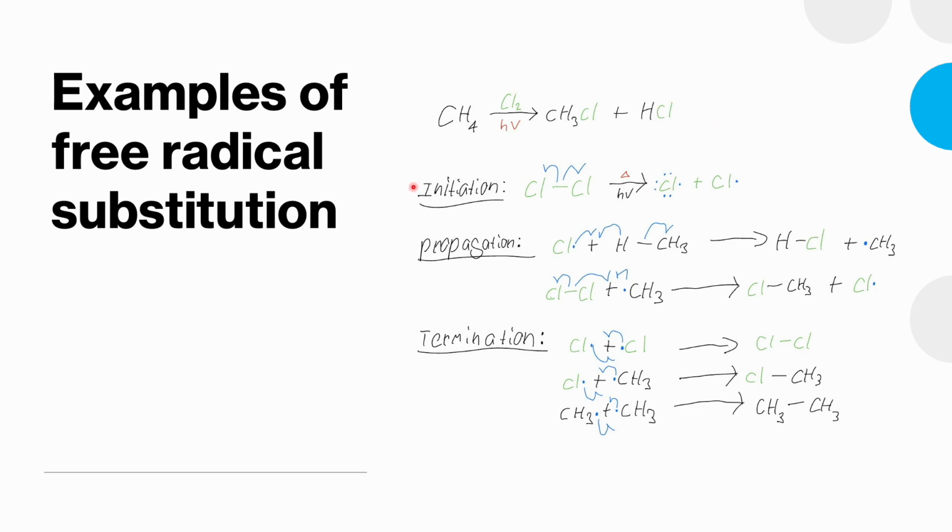Later in the video, you're going to see a whole walkthrough of the mechanism. This is just a quick overview. As I said, the initiation step is just going to make your radicals. Coming down here to the propagation step, it's your radicals reacting with everything to form your major products. And then the termination step is the radicals reacting with identical radicals and every other thing that's in this reaction. This is where it gets a little messy and forms a lot of minor products.